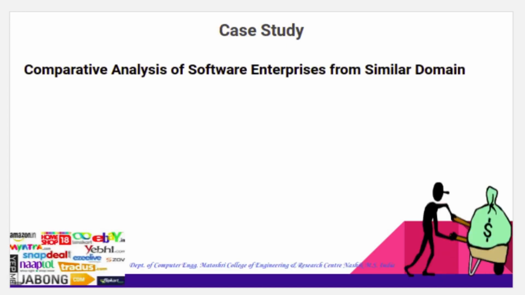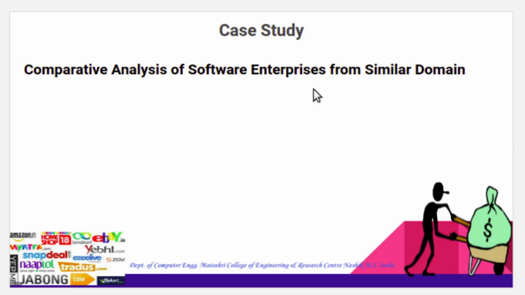As per the curriculum, we have a case study based on Unit 5, that is Economics and Management. The title of the case study is Comparative Analysis of Software Enterprises from Similar Domain. The learning objective of this case study is that students should be able to describe an individual situation, in the sense, suppose you have to perform a certain case, for example a business organization or an institution.